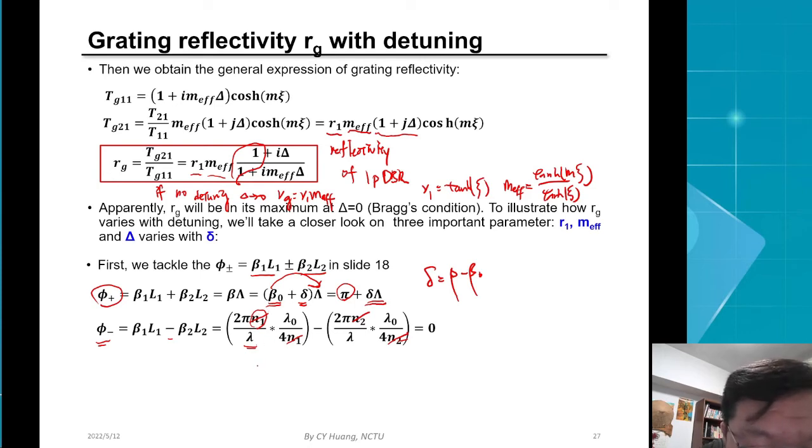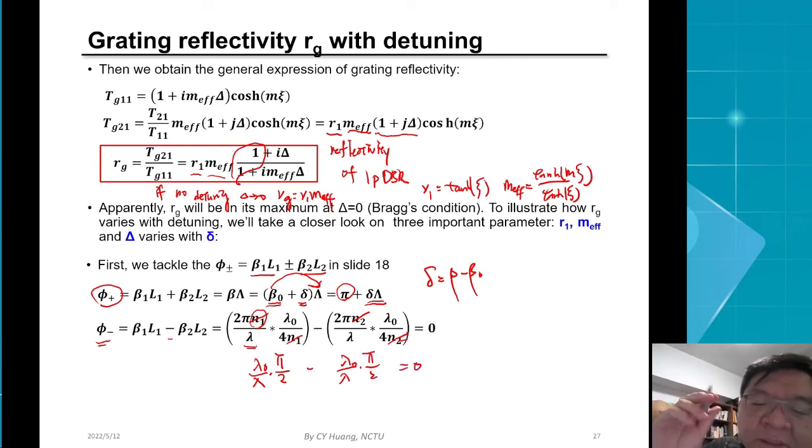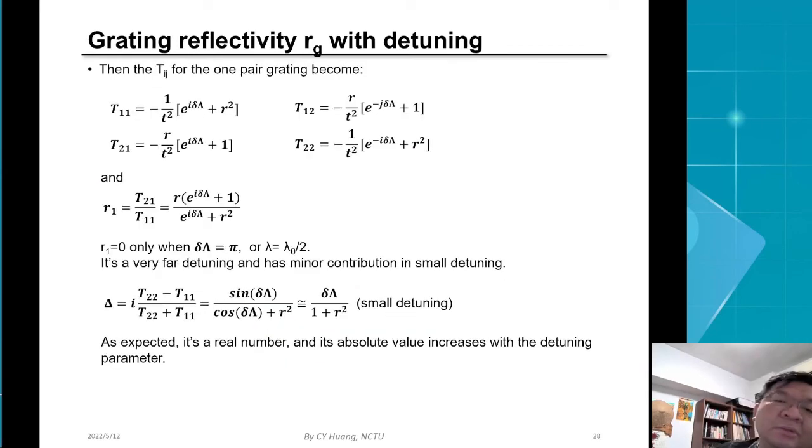So this is lambda 0 over lambda times half of pi, same as the second term, so it should be 0. Now we put this into the generalized grating, and you can compare with the expressions on the previous pages.